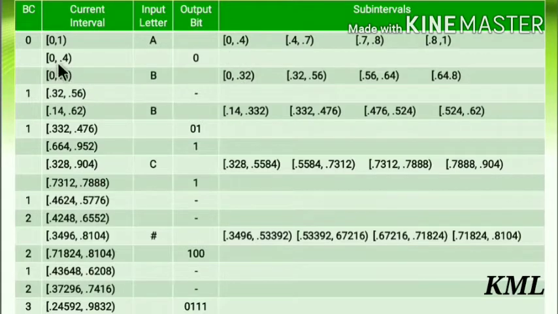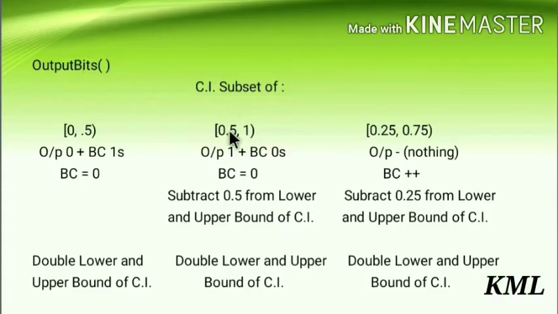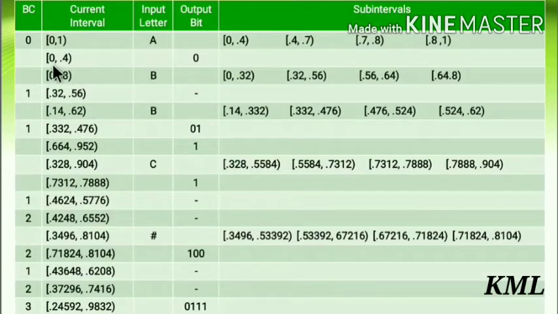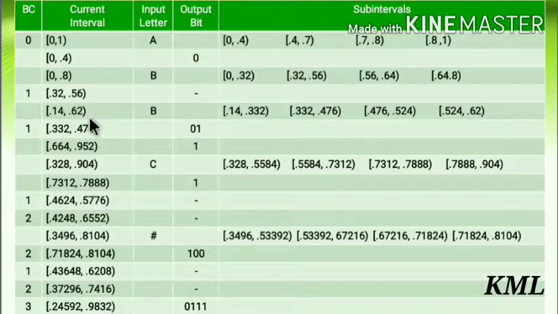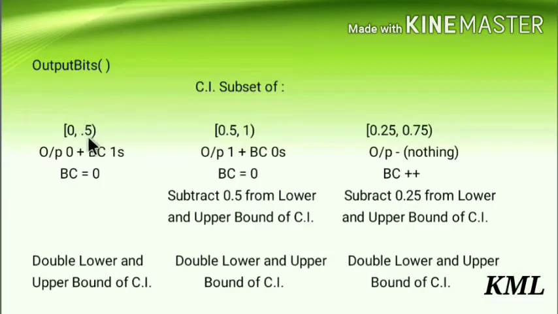Whenever you get a new current interval, you have to follow this algorithm. This is your output bits algorithm, which I have simplified for you. You have to check the current interval against these 3 cases. Let's see in which range 0 to 0.4 lies. As you can see, 0 is greater than or equal to 0, and 0.4 is less than 0.5.